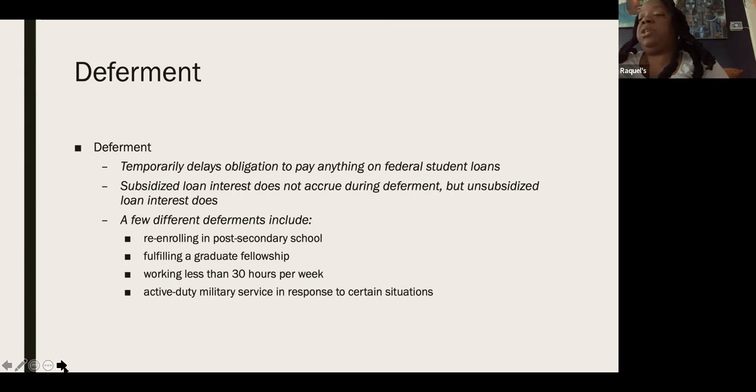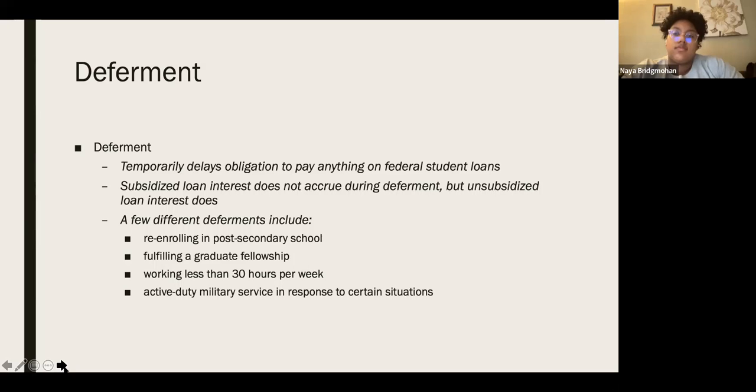Some educational fields allow you to have your loan forgiven, military service, and there are some others, but it's something that anyone who takes out a government student loan would have to look at their promissory note agreement to see if they're eligible for loan forgiveness. Okay, thank you for that helpful information.